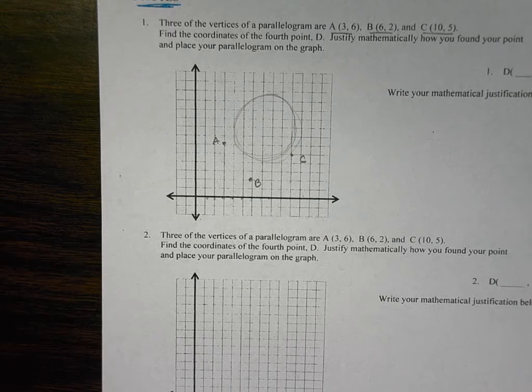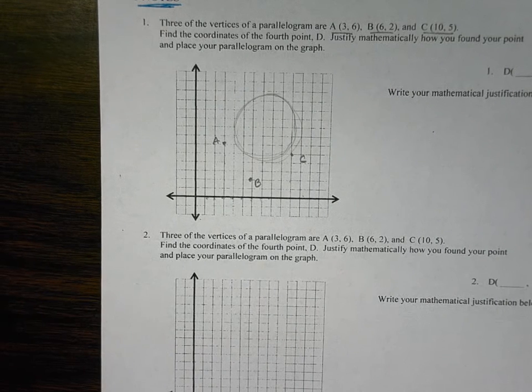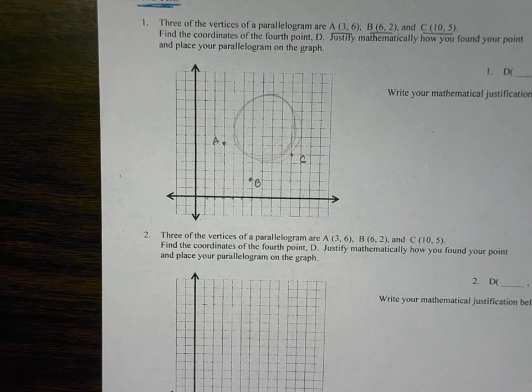Okay, I want you talking to your group members, either saying I need help or hey, this is how I did it, let me show you. Right now you're working together. Do that now. My estimation is that D is 7.